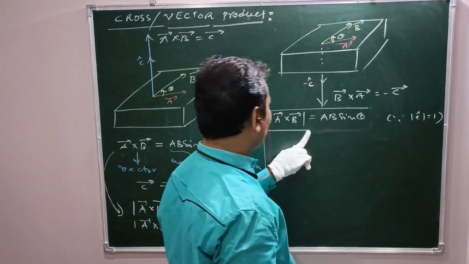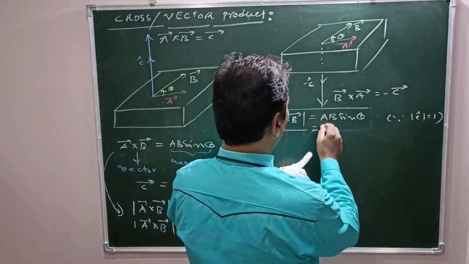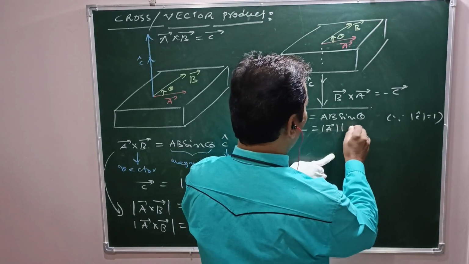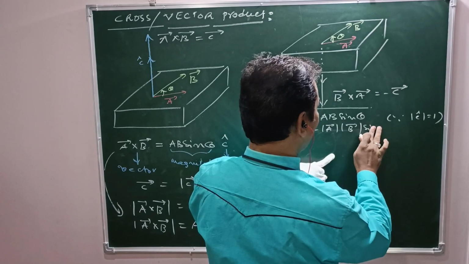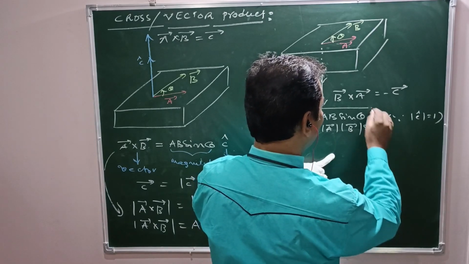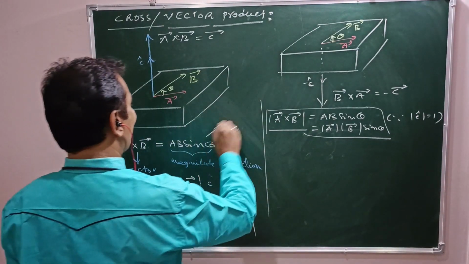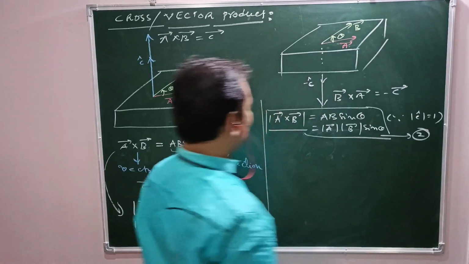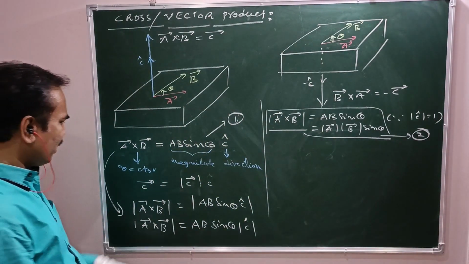It can also be written as mod A bar, mod B bar, sin theta as usual. Okay. This is number 1. This is number 2. Right.